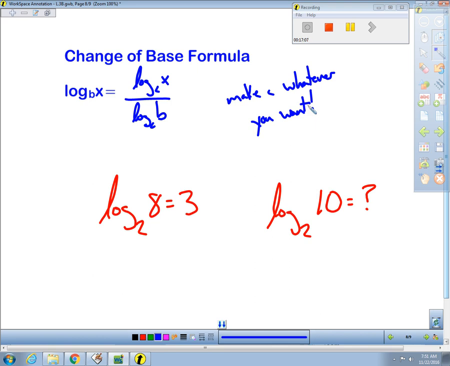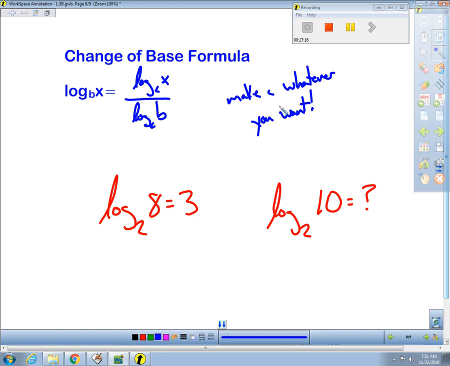What would be the easiest base to change to? Well, if you look at your calculator, and I'm going to grab my calculator out right now. On the left side of my TI-84, I see a log button, L-O-G. Notice it doesn't have a base by it. That's base 10. My calculator has a button for evaluating the log base 10.